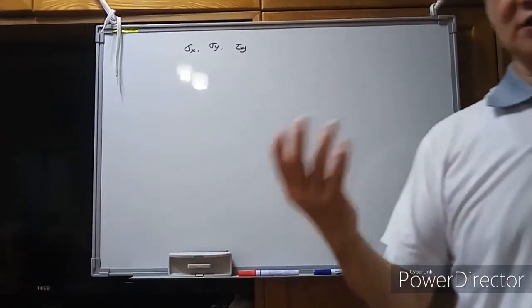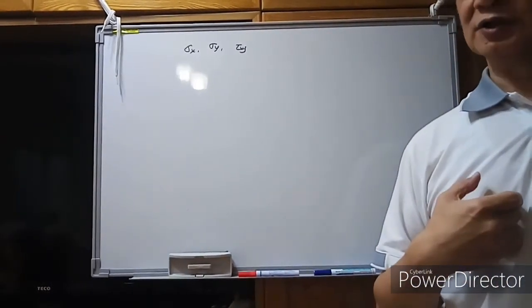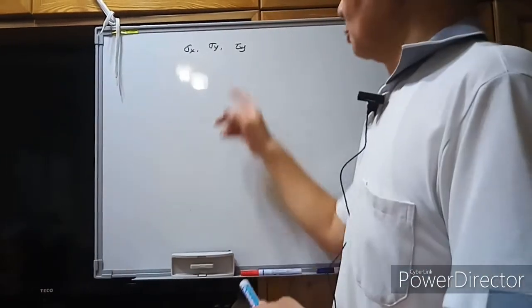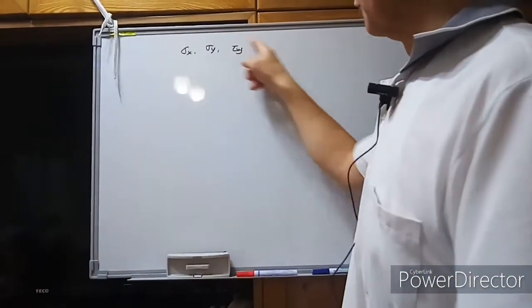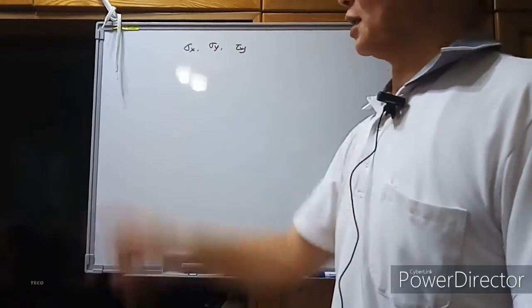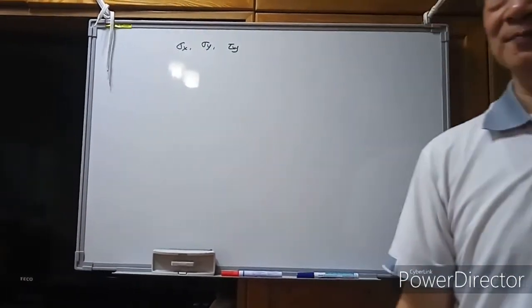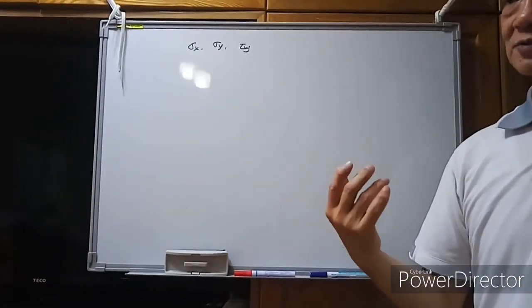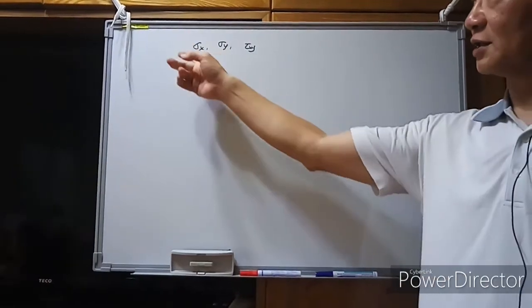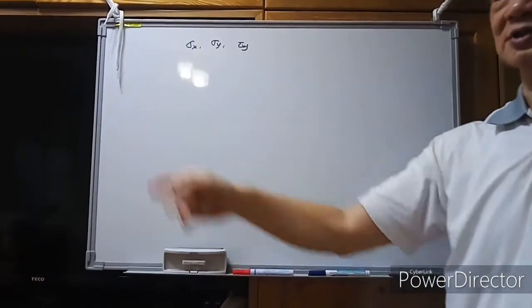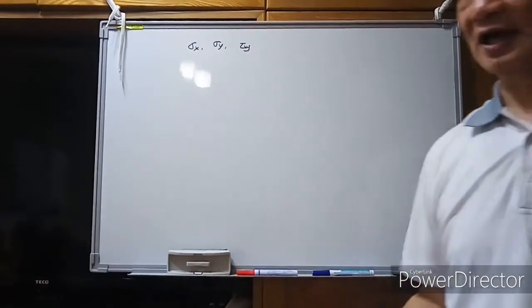And remember, for the plane strain problems, we have the three non-zero strains. But if we got these three non-zero strains, we still have the non-zero epsilon z.